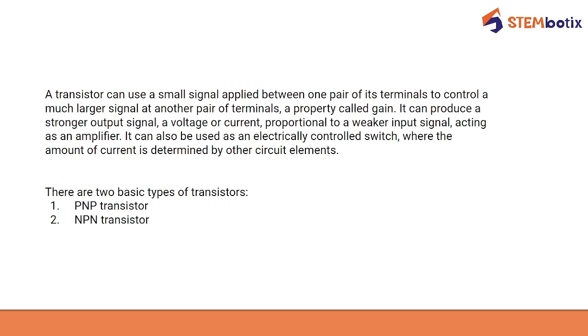It can produce a stronger output signal, whether voltage or current, proportional to a weaker input signal, acting as an amplifier. It can also be used as an electrically controlled switch, where the amount of current is determined by the other circuit elements. The two main types are PNP and NPN.